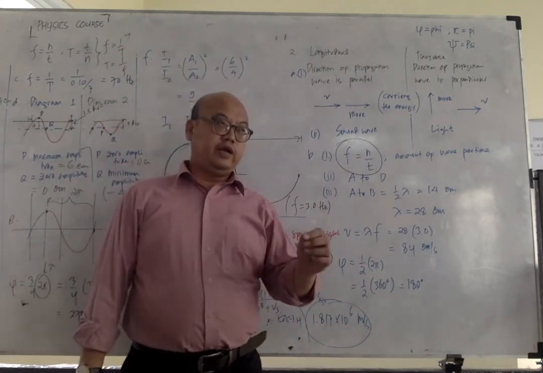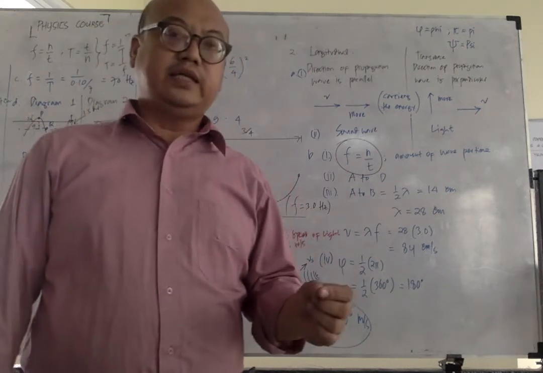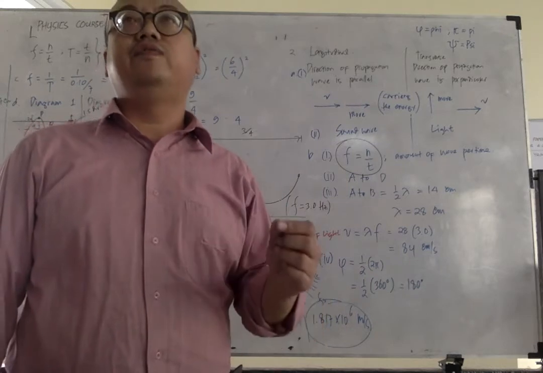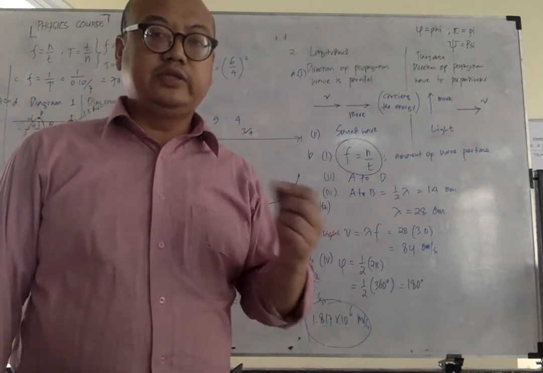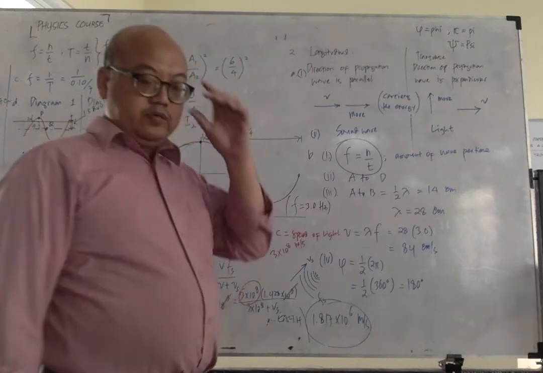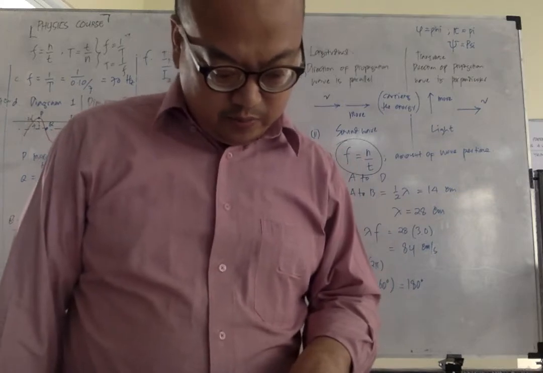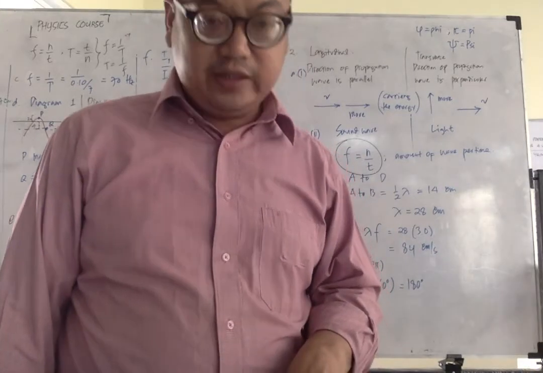If we have 5 waves in 1 second, then we have 5 divided by 1, which equals 5 hertz.